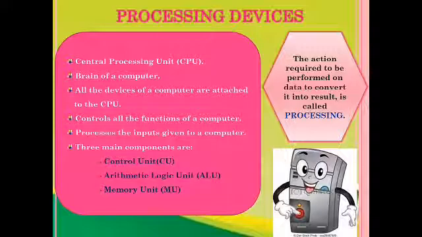The CPU is divided into three functional units based on the work they do. These are CU, control unit; ALU, arithmetic and logic unit; and MU, memory unit. Just like the human brain, each part of the central processing unit has its specific function.